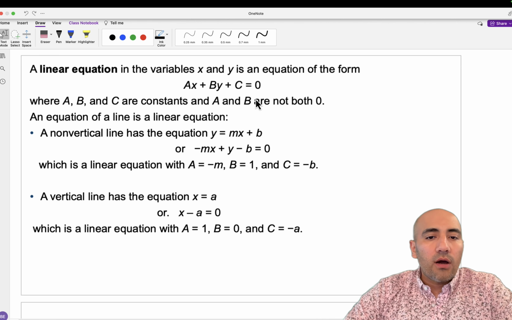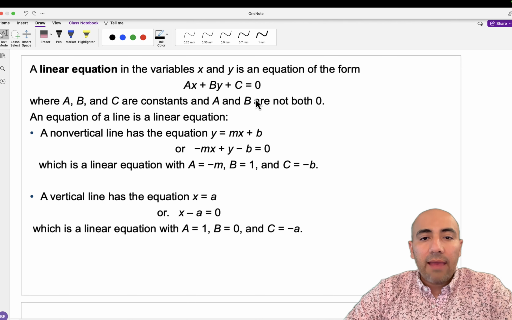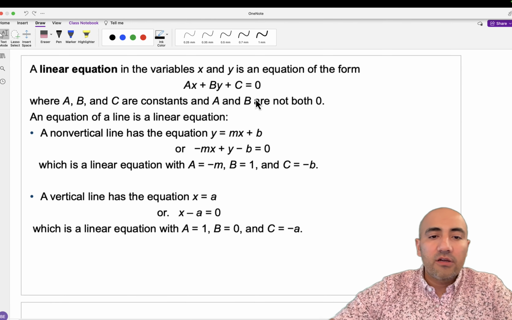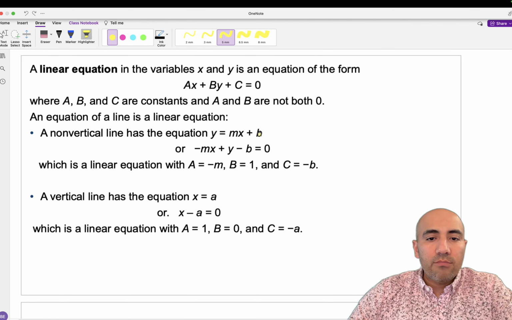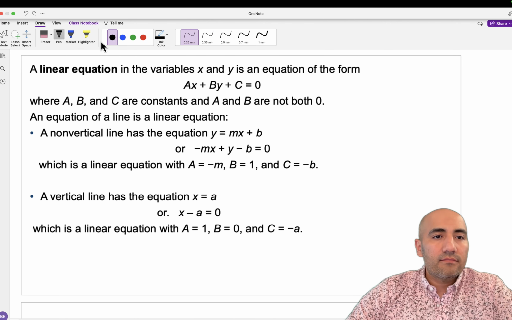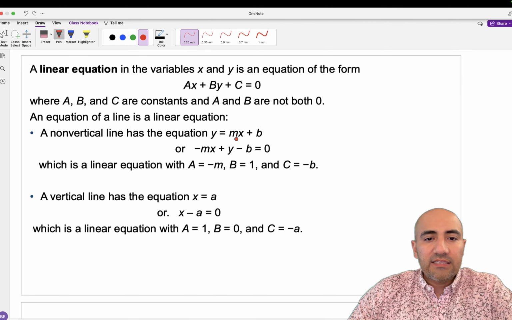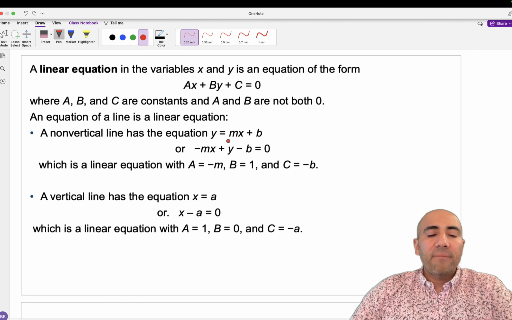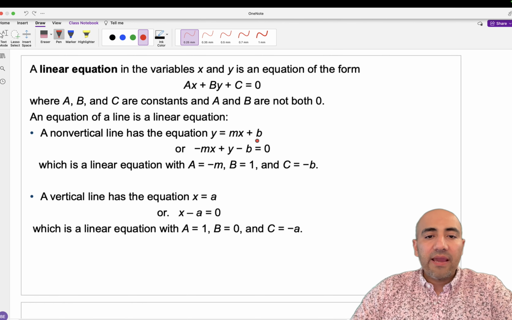A non-vertical line has equation y equals mx plus b. We ran into that form of a linear equation before. If we simply move everything to one side, subtracting mx from both sides and subtracting b, that's how we arrive at this equation.